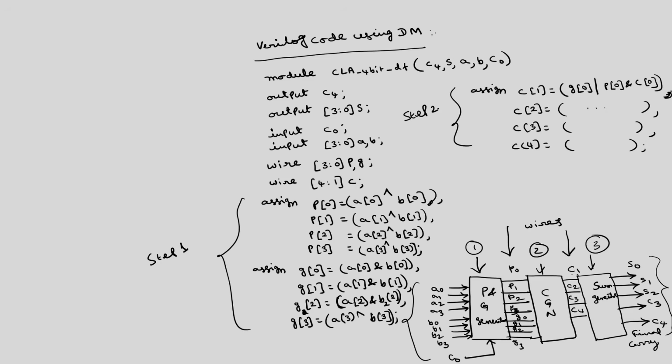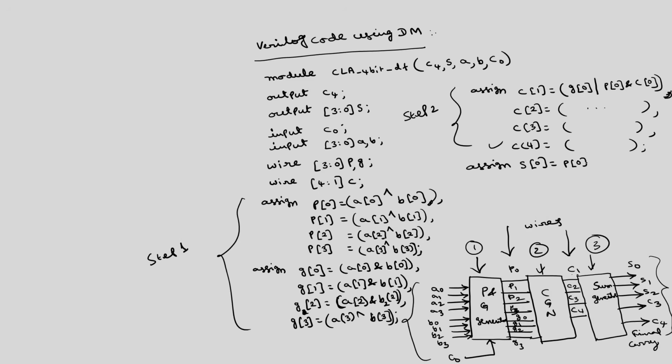And the third step is to generate S0, S1, S2, S3, assign. This C4 is generated here. S0 is equal to, this is exclusive OR between P0 and C0, right.